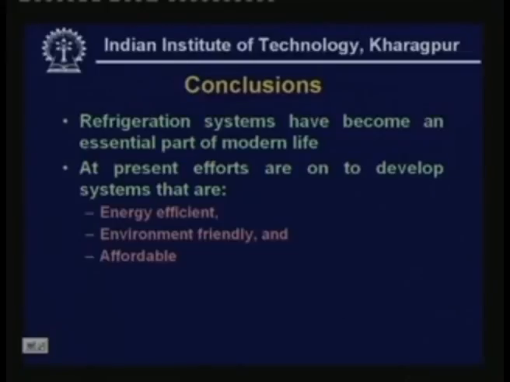There are also certain environmental issues related to refrigeration systems. So whatever systems you develop should be environment friendly, and they should be affordable. If you want to make them available to everybody, you have to make them affordable. These are the current issues in refrigeration development, and studies are going on these aspects, and we will discuss them in detail in subsequent lessons.